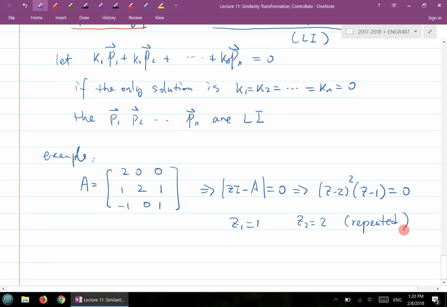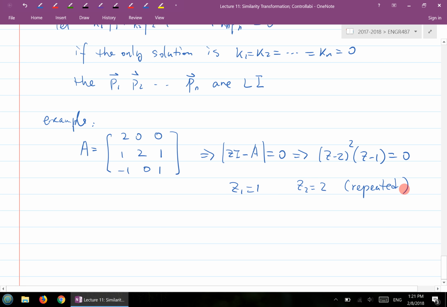So technically speaking, it has only two distinct eigenvalues, but one of them is repeated twice. This solution doesn't fall into the first theorem, since it doesn't have n distinct eigenvalues.